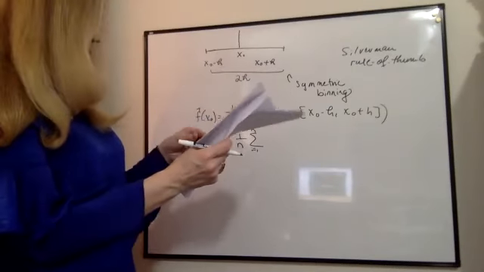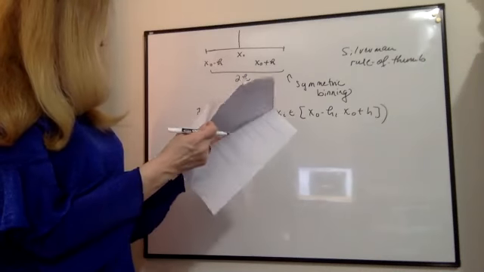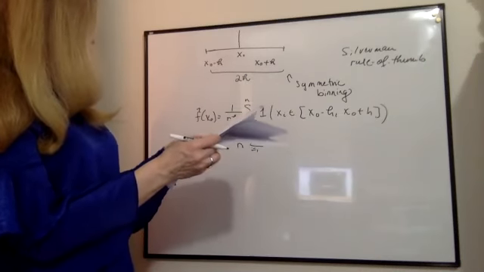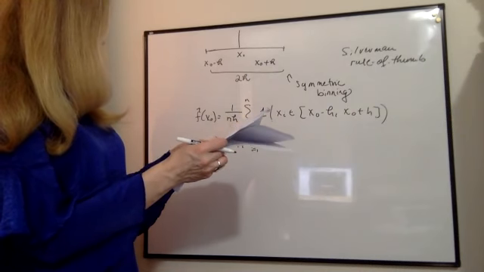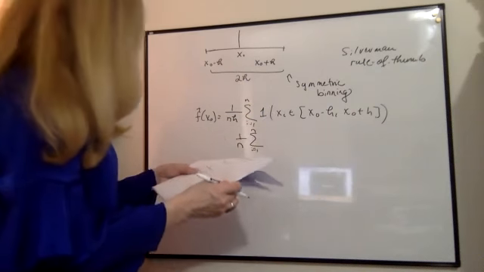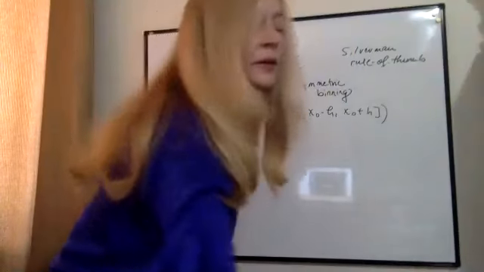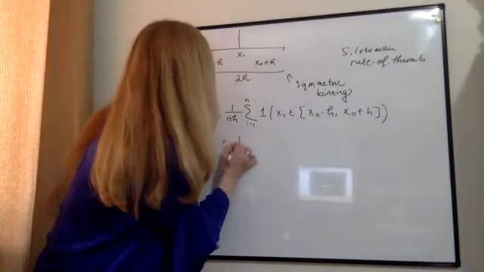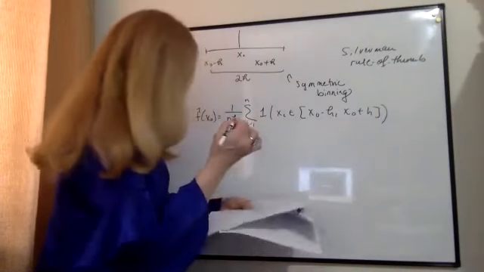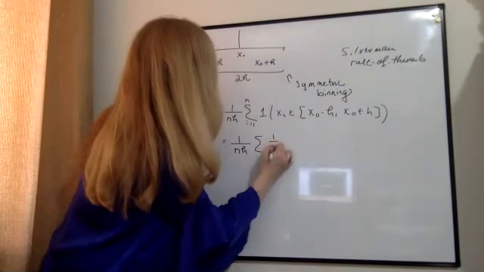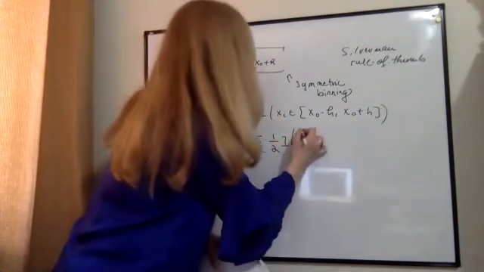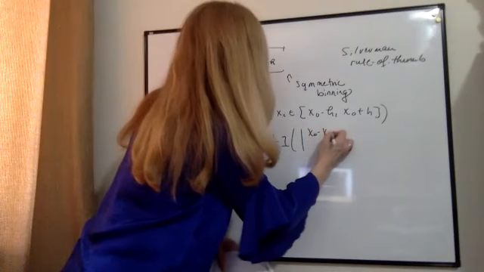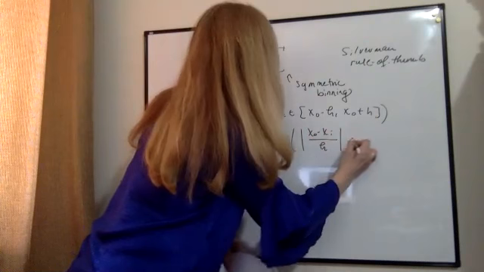I don't know if this is easy to see. Well, we can write it this way, which is equivalent. So 1 over nh times 1/2 indicator for x naught minus xi over h is less than 1.